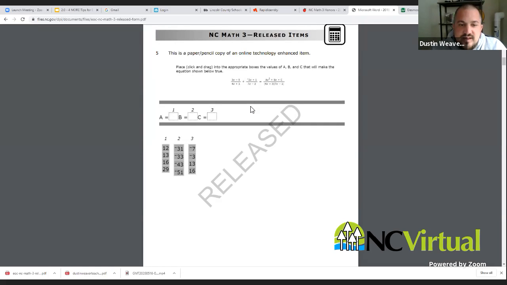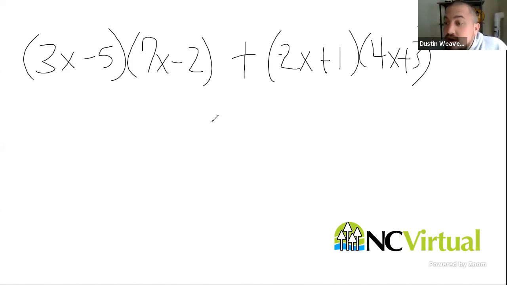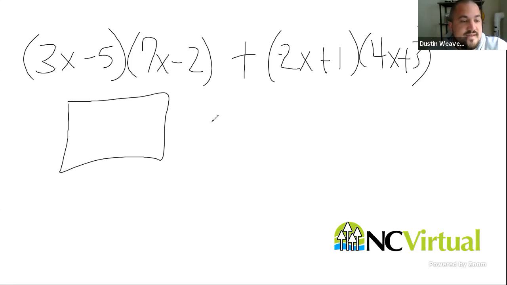So negative 2x plus 1 and 4x plus 3. Okay, so this is the box method, right? We're going to use FOIL or the box method to multiply these.